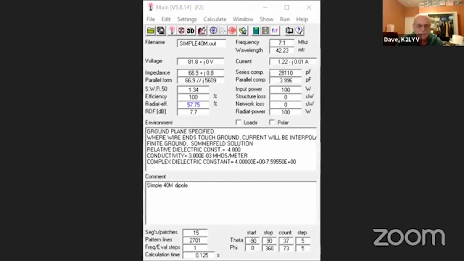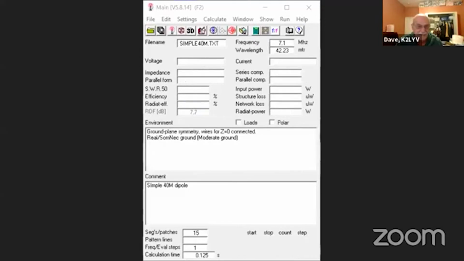So let me just show you a simple thing. You say, well, gee, I just came into some money and I put up an 80-foot tower. What would happen if I stuck this antenna up at 80 feet? So let's go change that. Let's change the height from 20 to 80.